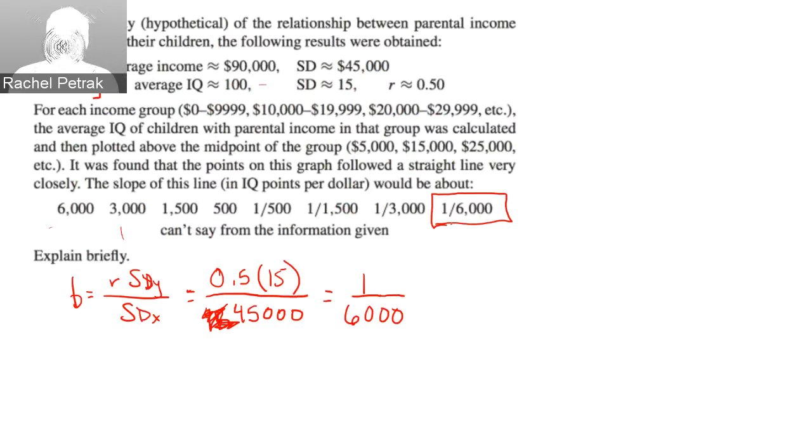Well, I would say this makes sense here because we would expect the ratio of IQ points to dollars to be a really small ratio, because $90,000 is the average income, whereas the average IQ is only 100. So that's smaller already by a factor of 1,000, or 3 factors of 10. So we would expect that to be reflected in our slope.